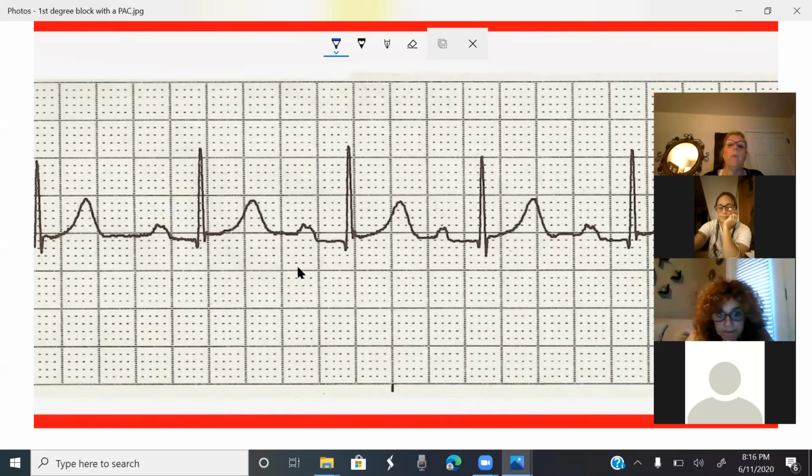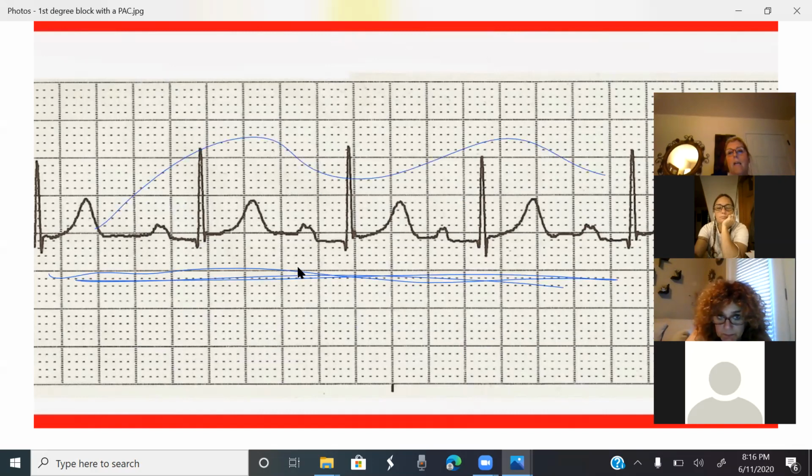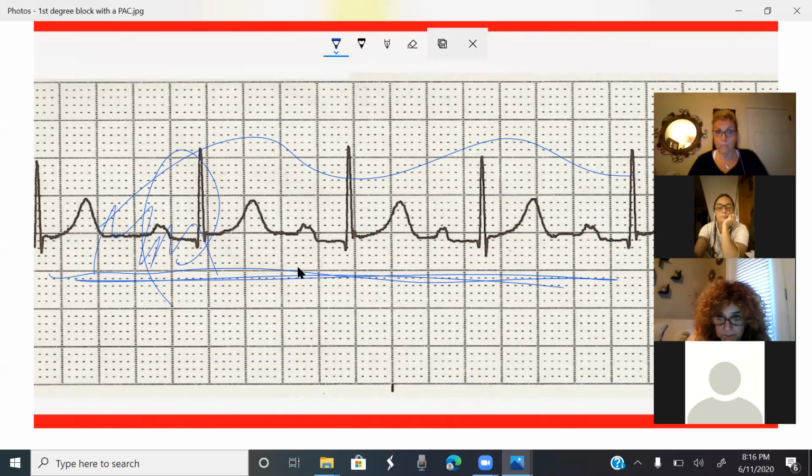That's all. When we measure, we're never going to measure anything but our baseline. We want to start at this baseline. Now, if this was our wandering baseline, could I still measure this? If I had a bunch of artifact in here, could I measure it? That's why you have to fix your artifact.